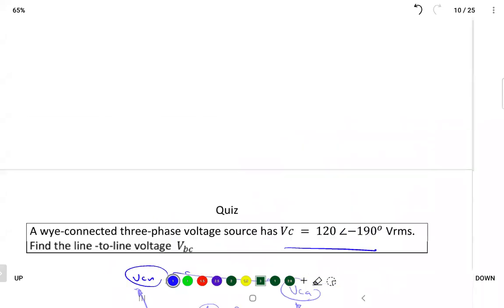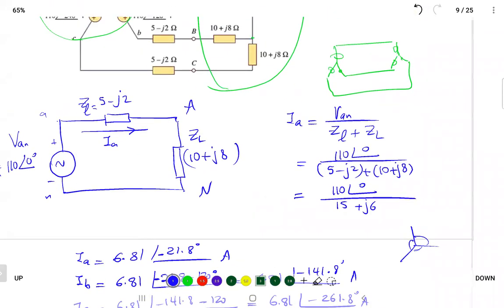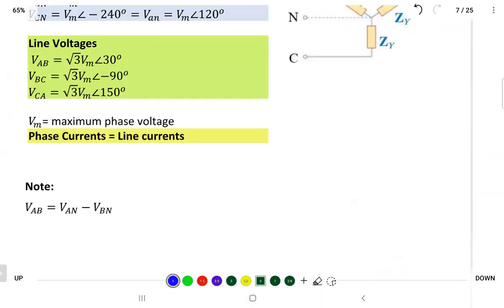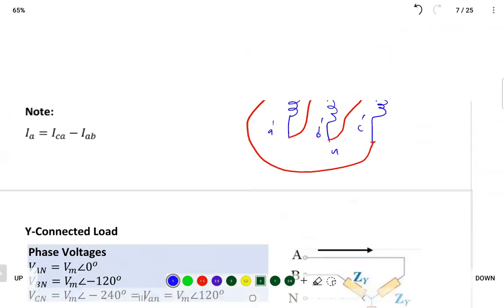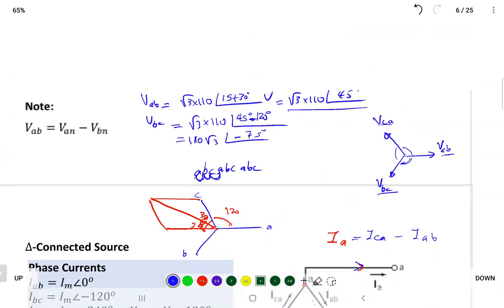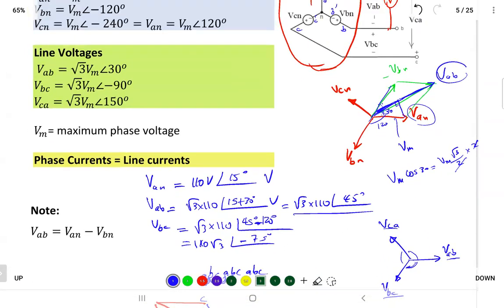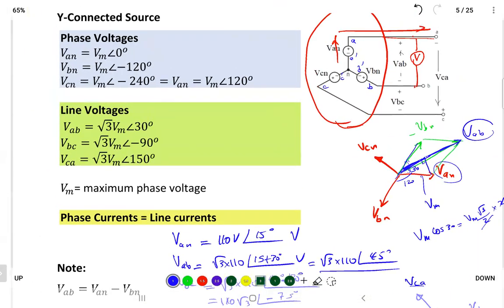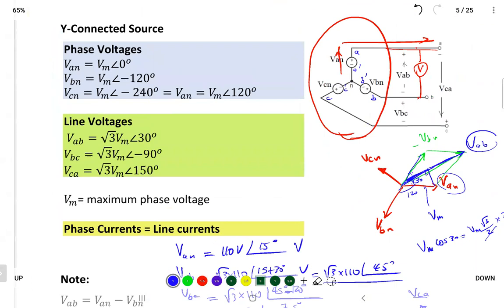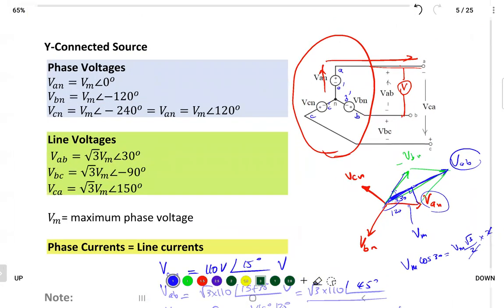Let me go back to the lecture and the example when I showed the Y. This is the Y, and that's the relationship that I proved. That's the line voltage between AB and BC and CA, and so on, between each one. But you have to remember that was given at an angle of 0.